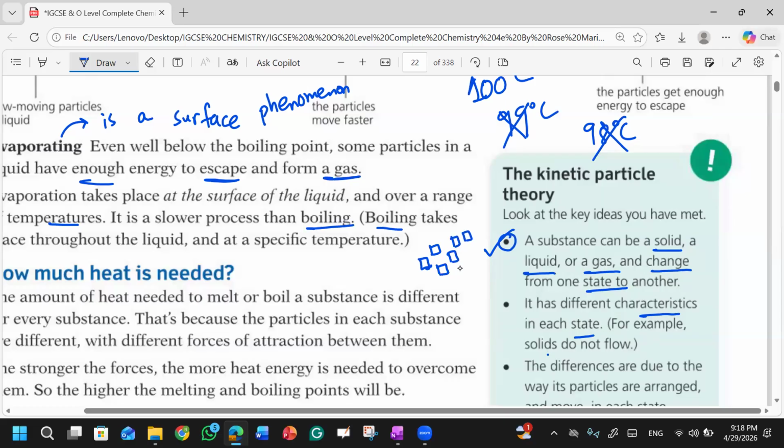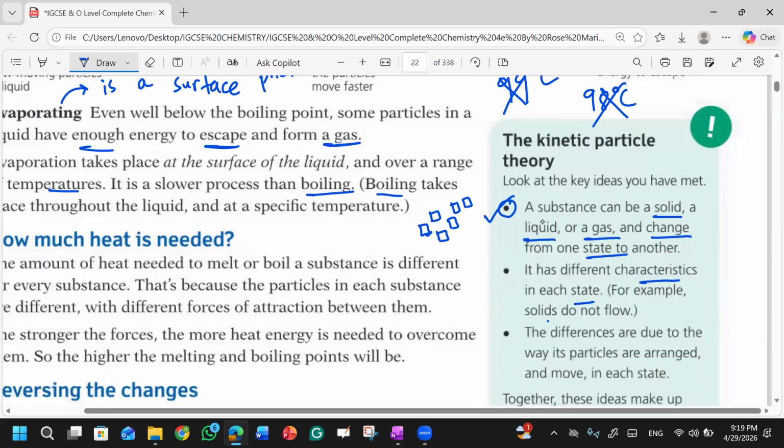What you need to do is dissolve this in water, and then that water can flow. You will not see any case in which a solid is flowing. Solids do not flow. This is the second point of this kinetic particle theory.